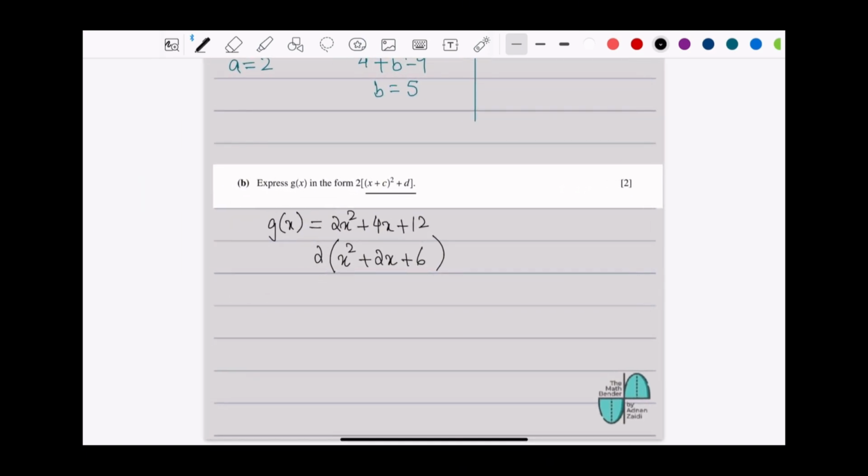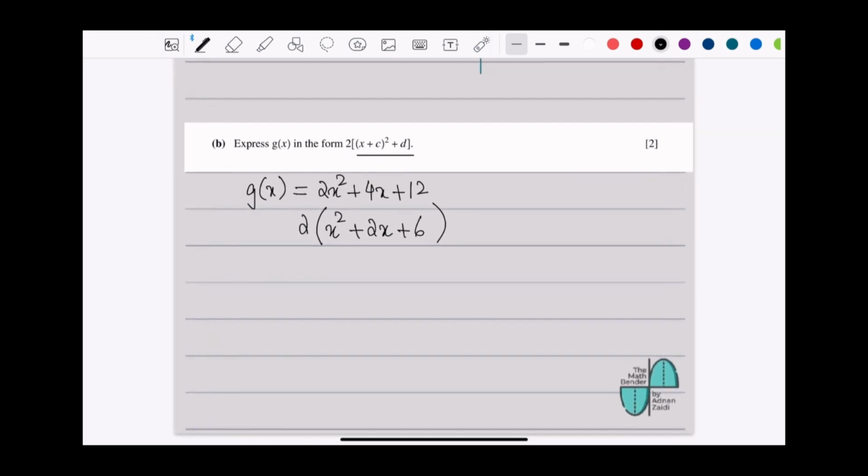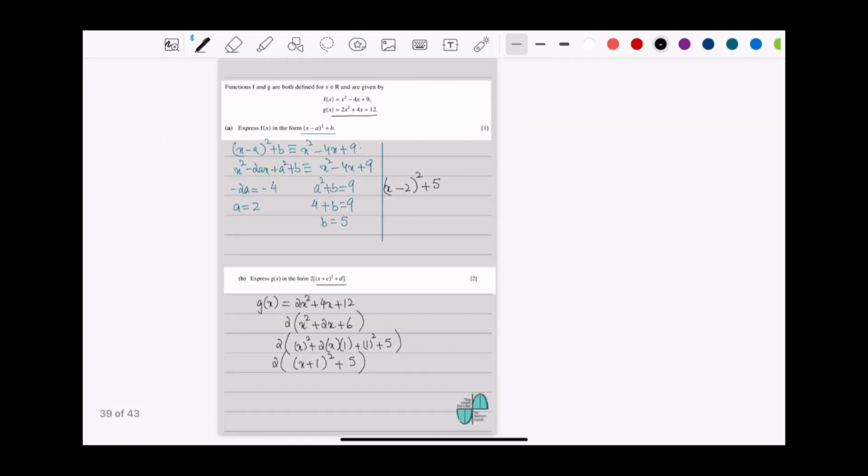Now you need to bring it into the completing square form. So 2 times x squared plus 2 times x times 1 plus 1 squared plus 5. You can write this as 2 times x plus 1 whole squared plus 5. The value of c is 1 and d is 5.